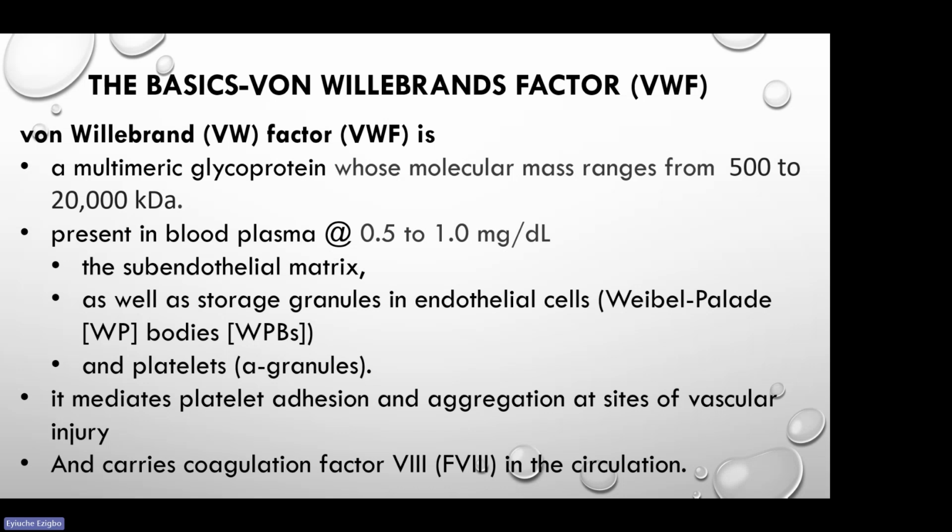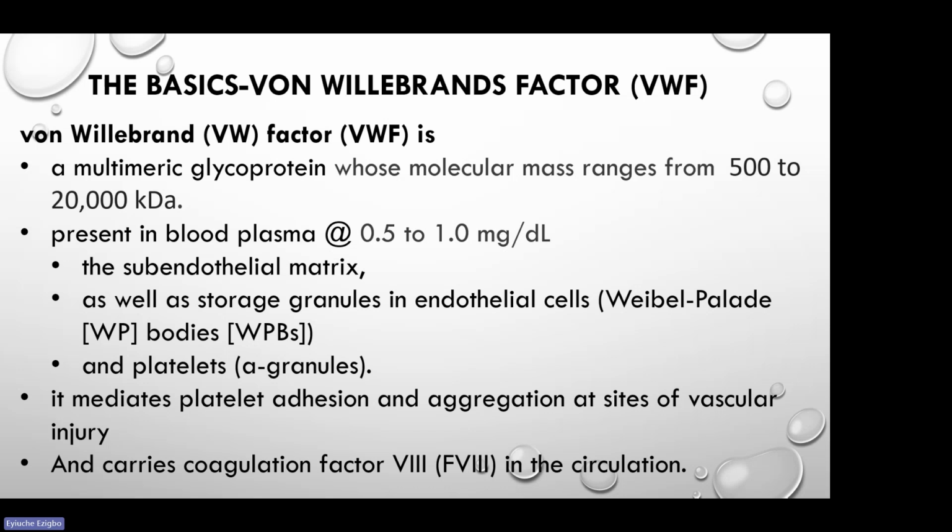It is present in the blood plasma at a concentration of 0.5 to 1 milligram per dl, in the subendothelial matrix, in storage granules in endothelial cells, that is the Weibel-Palade bodies, and also in the alpha granules of platelets. It mediates platelet adhesion and aggregation at sites of vascular injury and carries coagulation factor 8 in the circulation.